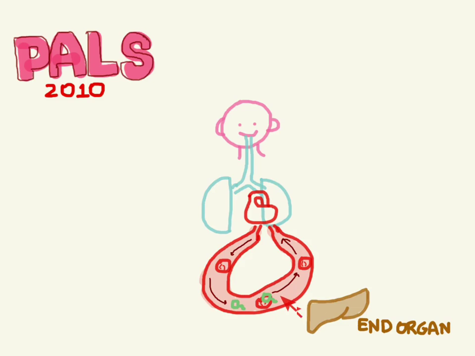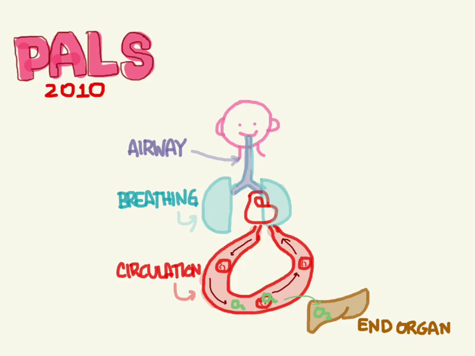That oxygen is delivered to the tissues, and here I have a picture of the liver representing the end organ that eventually is the ultimate consumer of that oxygen. So in essence, what we have here is the airway, breathing, and circulation.